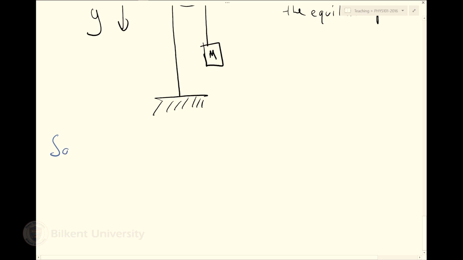So how would I solve it? First of all, let's figure out what the equilibrium point is, how much the spring is stretched in equilibrium.